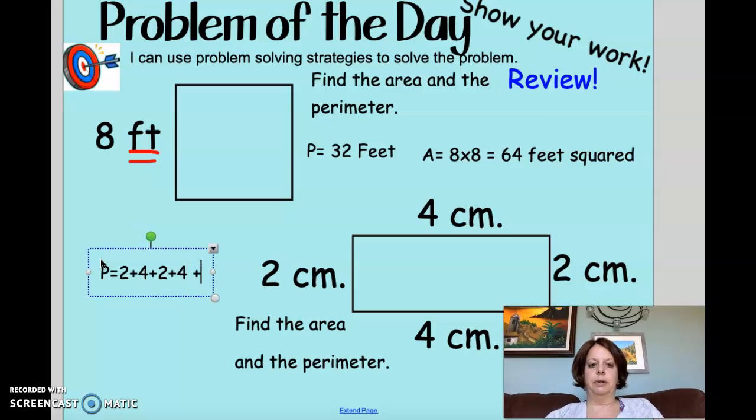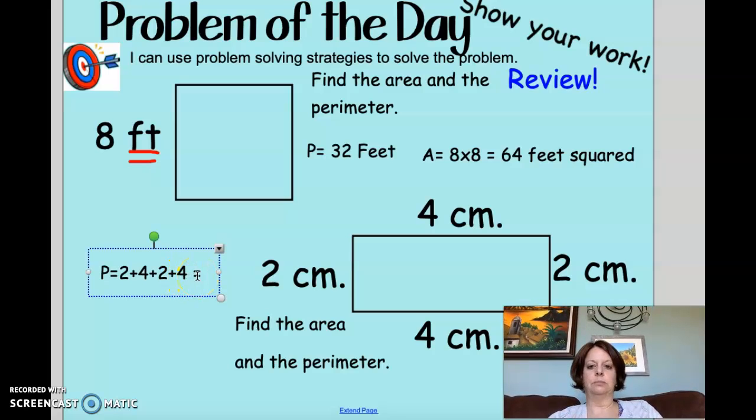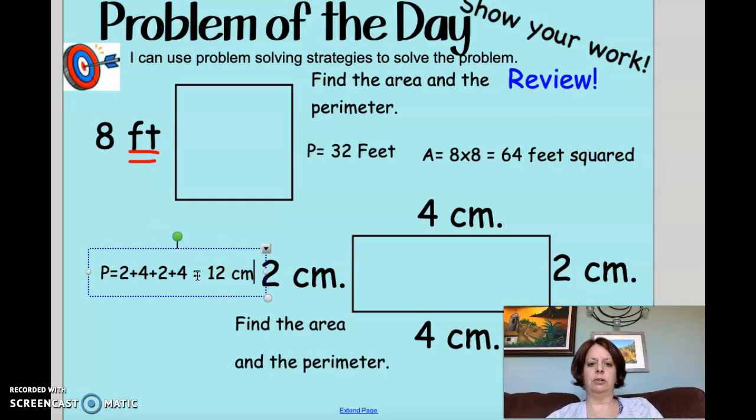So that's the perimeter. So 2 plus 4, that's 6, plus 2 is 8, plus another 4 is 10. Oh, pardon me. 12. 12 centimeters.